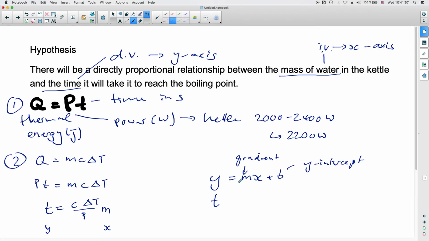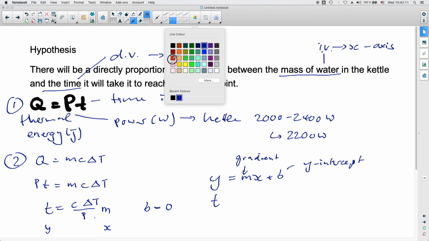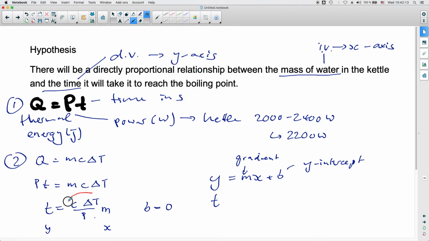This is where the line of best fit should go through the y-axis. So you see here that the y-intercept would actually be equal to 0, and my gradient would be this part here. This is my gradient. I'll get back to you regarding that when we actually discuss the results and how to find the specific heat capacity from your gradient, which can be useful just to validate your results.